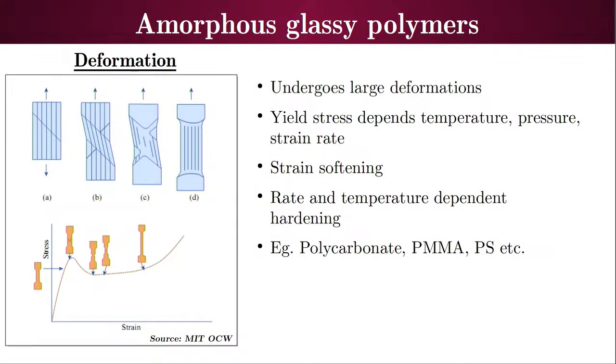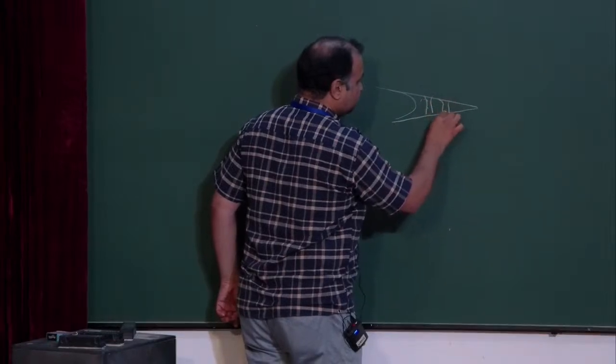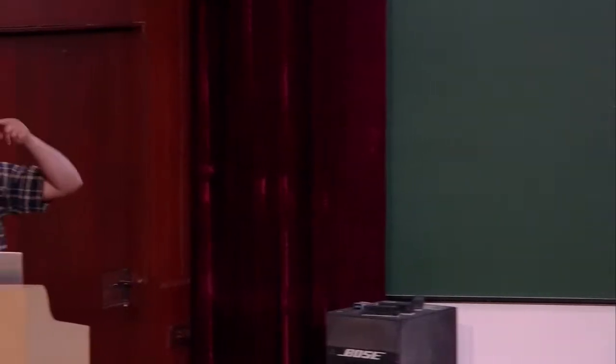So if there is a crack, then somewhere ahead of the crack there is a damage zone, and it will form some kind of fibrils here. This is called crazing. If you have ever looked at old plastic bottles, you can see small cracks in the light. Still it has not broken. Those are the crazes, and if crazes have come in the polymer, it will fail in a brittle manner. So probably that is what is happening when we pull it in the other direction.